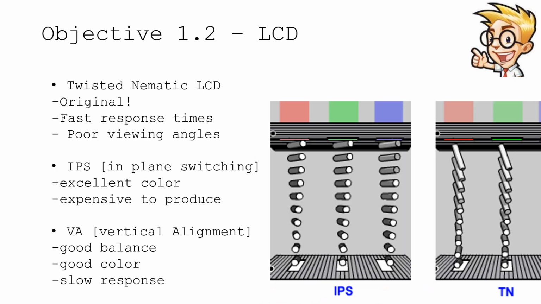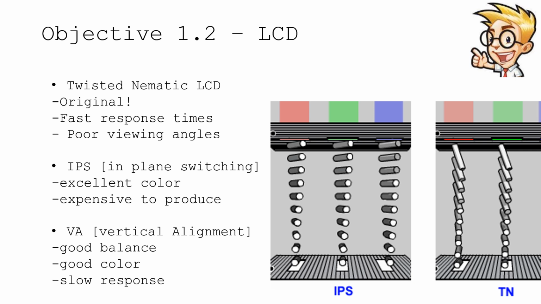If you're looking for the best possible color representation on an LCD display, you want to use an IPS LCD. The IPS stands for in-plane switching. This gives you very good color representation, which is great for using graphics or doing some type of desktop publishing.